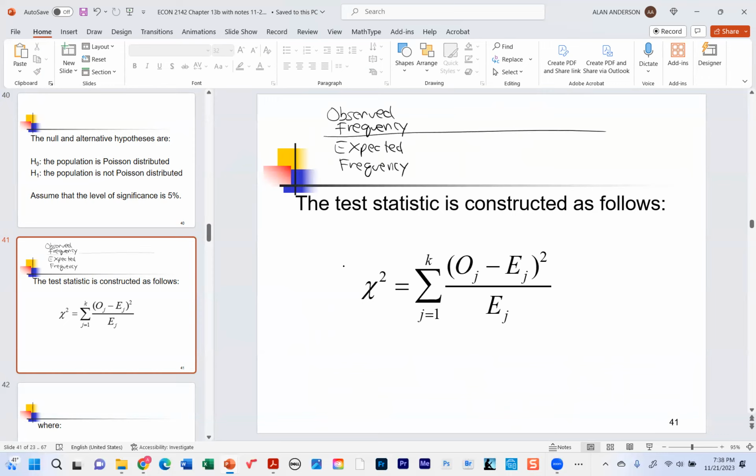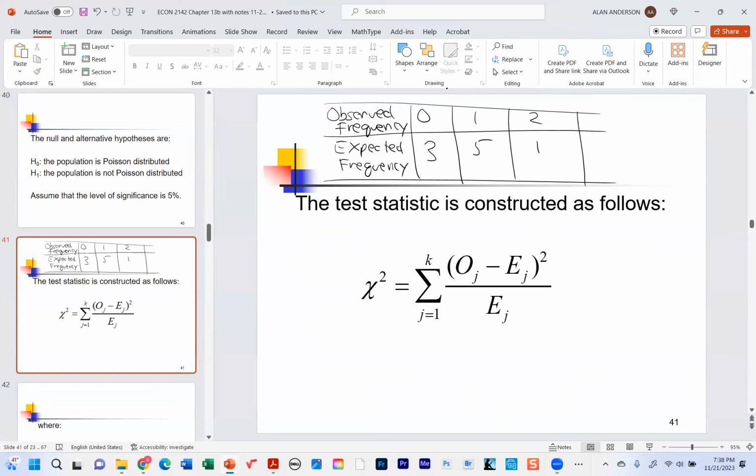Let's just say that I'll just make up a few numbers. These are 0, 1, 2. And you're actually getting 3, 5, and 1.